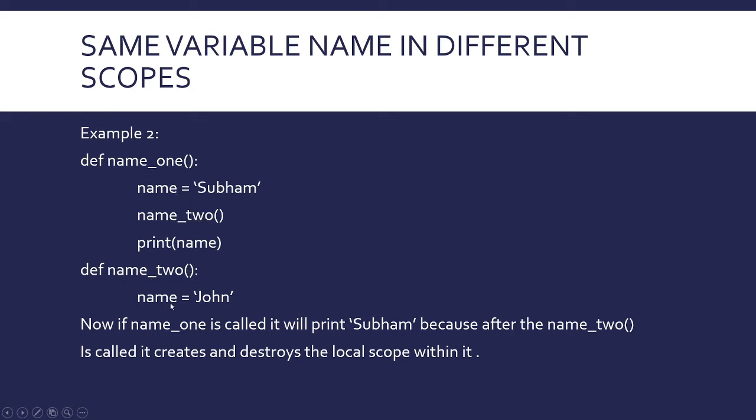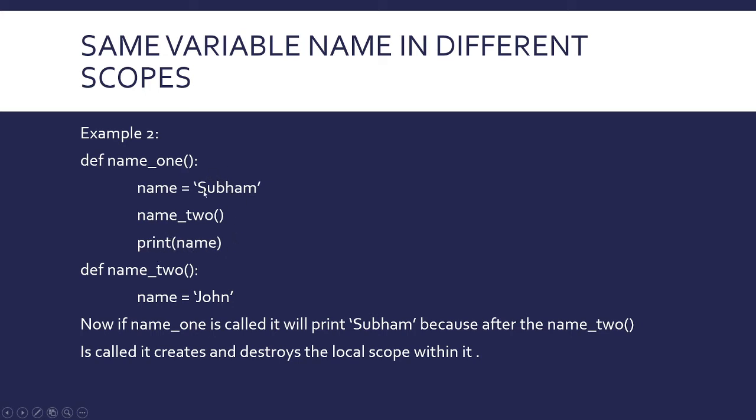The name2 function also has the same variable name as the name1 function, but the value in name2 is different, it is John. So what do you think, if I print this name, what is the output?